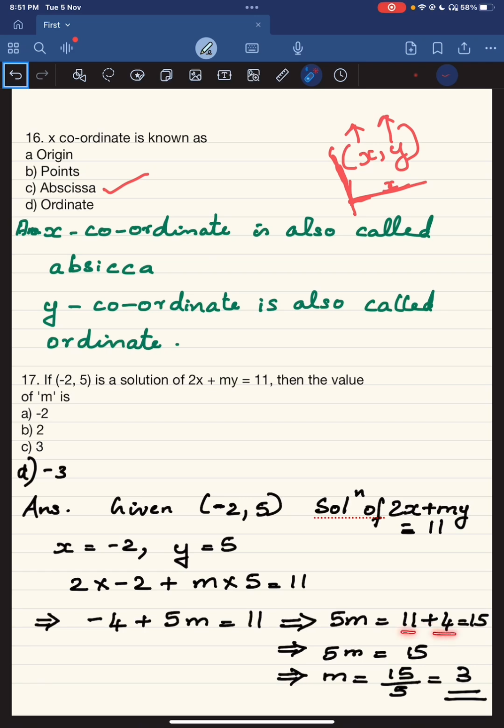So 11 plus 4 is equal to 15, which implies 5m is equal to 15. To know the value of m, we transpose into 5 to the other side, and it becomes divided by 5. So m is equal to 15 divided by 5 is equal to 3. So the value of m is 3. The answer is m is equal to 3. You got it?